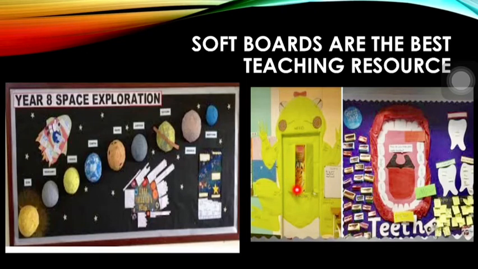You open it, explain each and every system to the children, and then you close this window. Isn't it interesting? So think of innovative ideas and make your soft boards in a way that you can use them as a teaching tool or teaching resource later. So that will enhance the learning capacity of your children, as well as it will make your classroom a beautiful place.